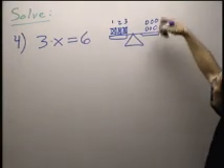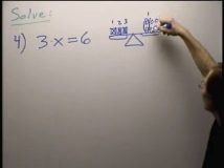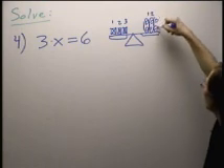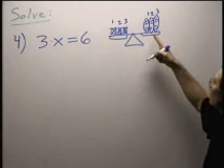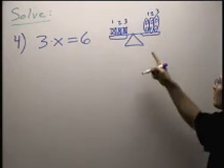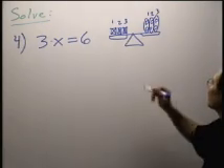So if I rearrange these into equal groups, 1, 2, 3, then each group must contain 2 items, which means each box must contain 2 items.